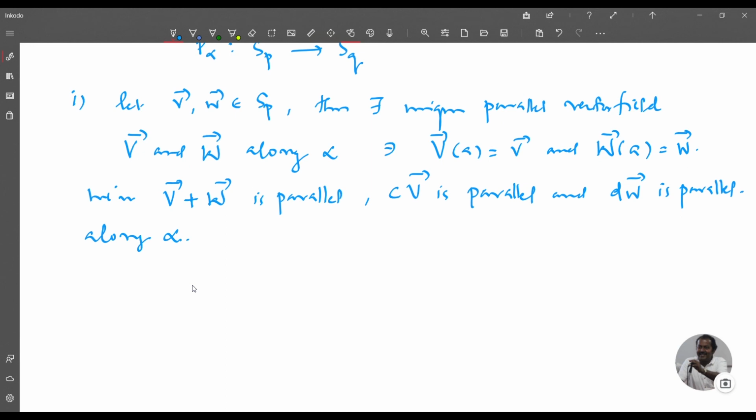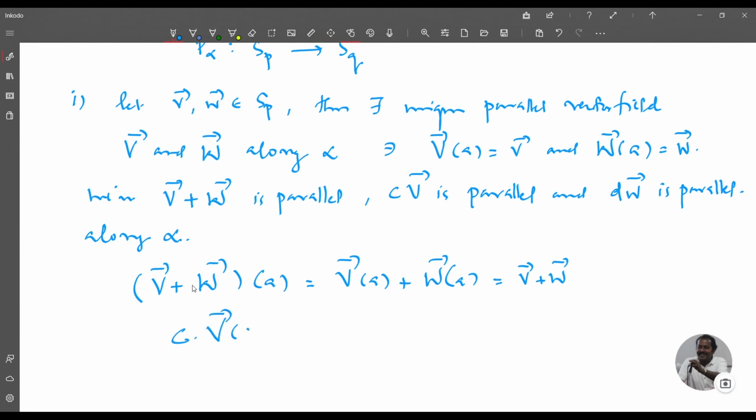And you know that (V plus W)(a) is V(a) plus W(a). So this is equal to v plus w, and c into capital V(a) is equal to c into little v, and c into W(a) is c into little w.